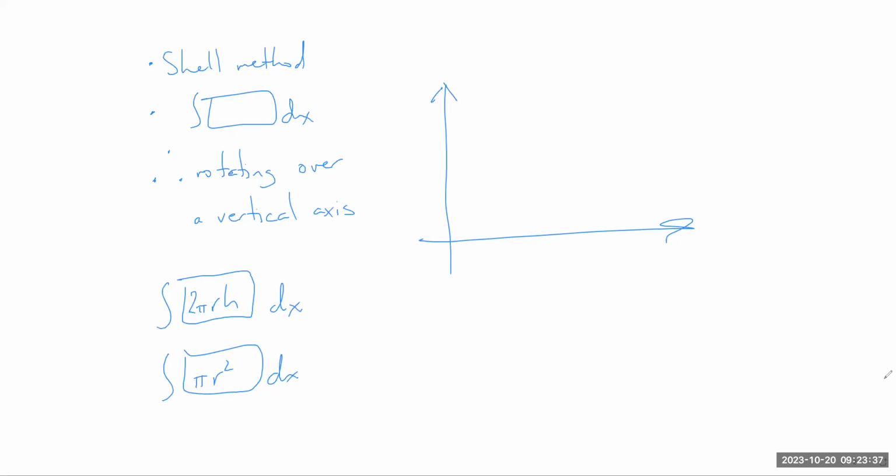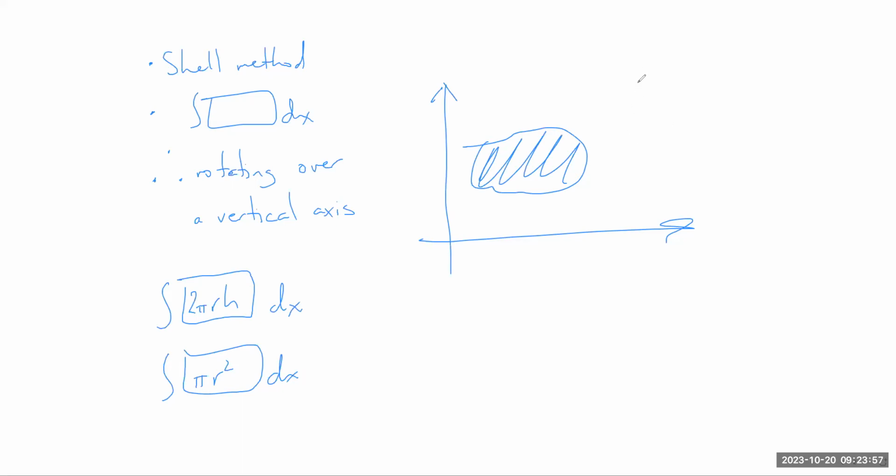Really comes from, so let's not do a specific function, but let's say we have a region and we're going to rotate it over, we just did a vertical axis, right? Or oh, we did the x-axis. Okay, so now let's do this.